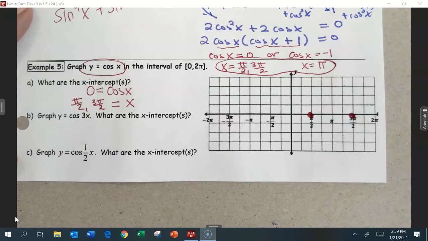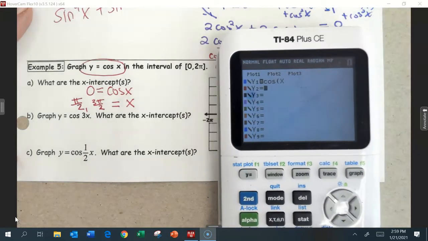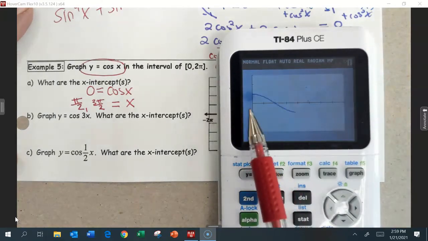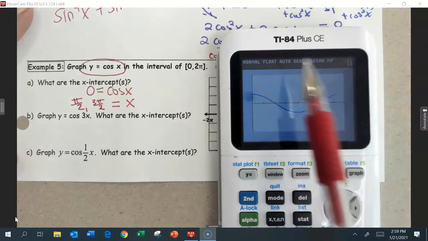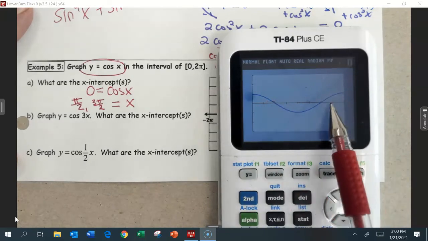And if you don't remember what that cosine graph looks like, pull out that calculator. When I hit graph, and I have radian mode, and I went from 0 to 2 pi, and I went from 3, I think, to -3 to make it look like what's on your paper. But here are those x-intercepts.